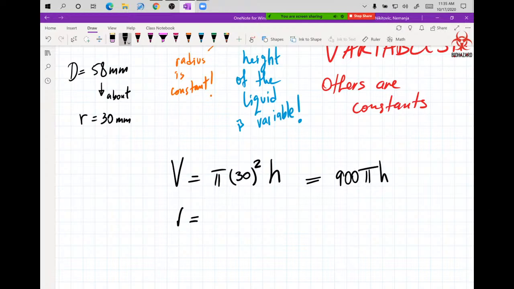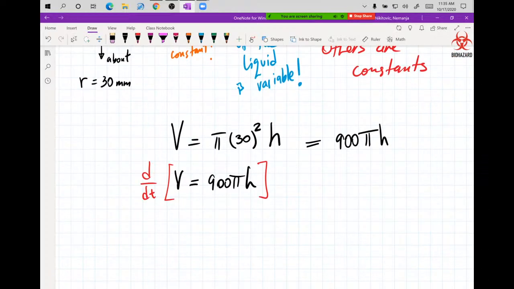And when I take the derivative of it, dV/dt, the volume over time, is 900 pi dh/dt.